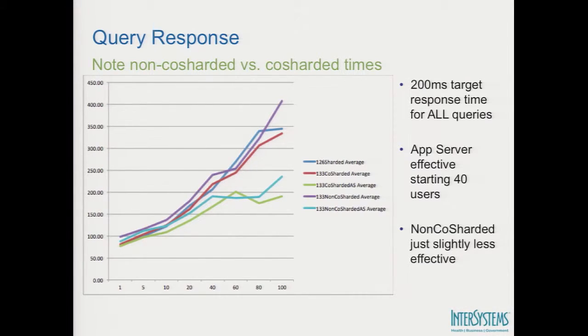Once again, a relatively large database, but the hard cutoff was 200 milliseconds. No query should run more than 200 milliseconds. And as you can see, at around 40 users, we started to deviate. And this deviation is not sharded versus co-sharded join. It's the deviation between the architecture with a distributed master with app server, and a single master.